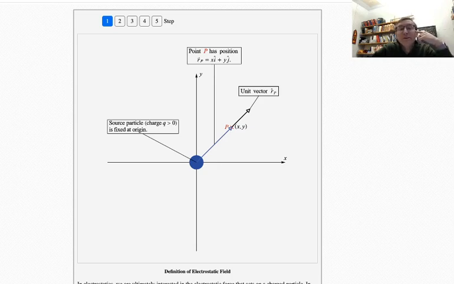I drew it anchored at point P, but you could draw it anywhere. The main thing is it points in the direction of r. Okay, we're going to work our way conceptually through figuring out the electrostatic field at that point P. And if we can do it at point P, we ought to be able to do it at any other point too. All right, here's the next step.